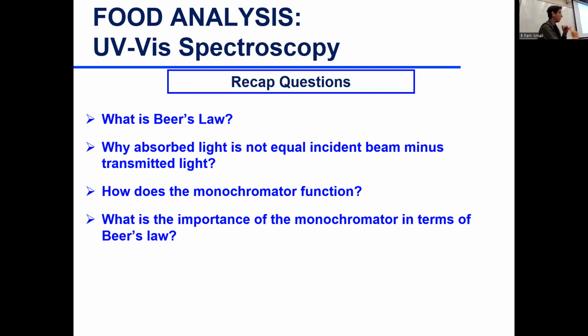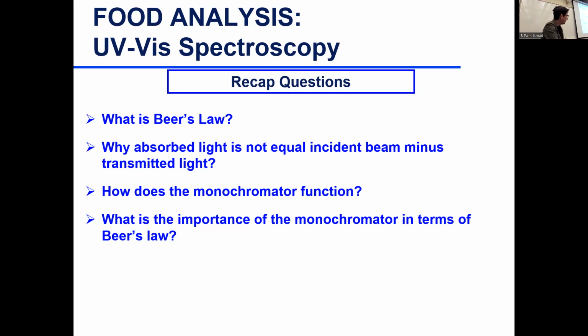Light can be reflected. It hits the cuvette, and part of it can be reflected like a mirror. Some of it gets scattered. Some of it gets absorbed by different constituents that you don't care for. So these are the interferences. So scattering of light, reflection of light, refraction of light. That's why it's not a simple subtraction.